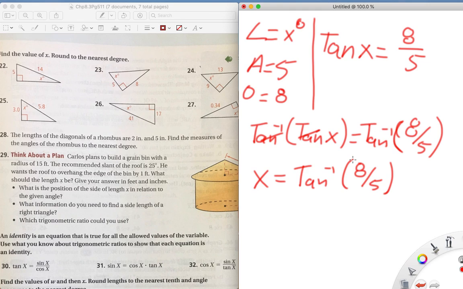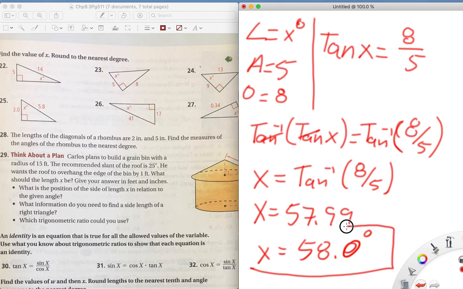So remember second, then inverse tangent. And I get that x is equal to 57.99, and that rounds up to 58.0 degrees.